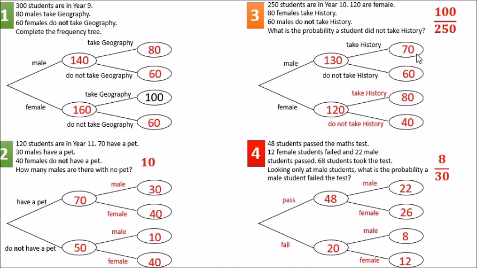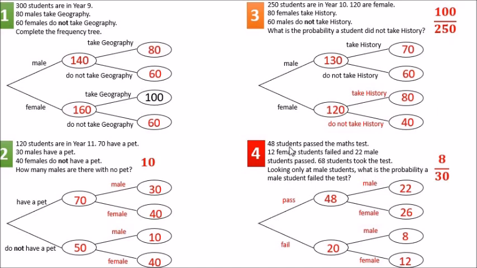What is the probability that a student did not take history? Now, if they did not take history, that is the 60 and the 40, both the males and the females. So that's 100 in total out of 250 students in total. So we have 100 over 250 as our probability.